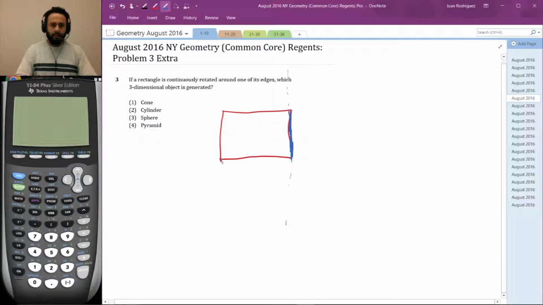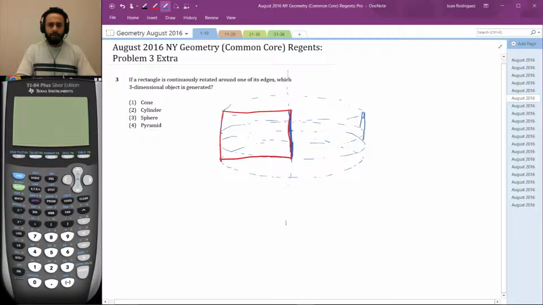Well, this point goes around this way. Okay. This point goes around this way. Okay. This point goes around this way. And hopefully maybe you could see the shape already. This point goes around this way. And in fact, I see that all these points here go around as a line goes around to here.